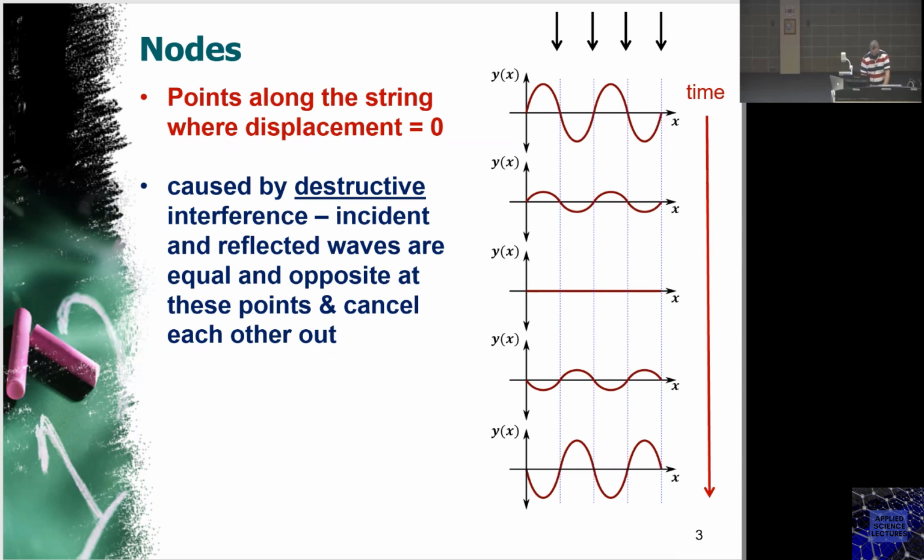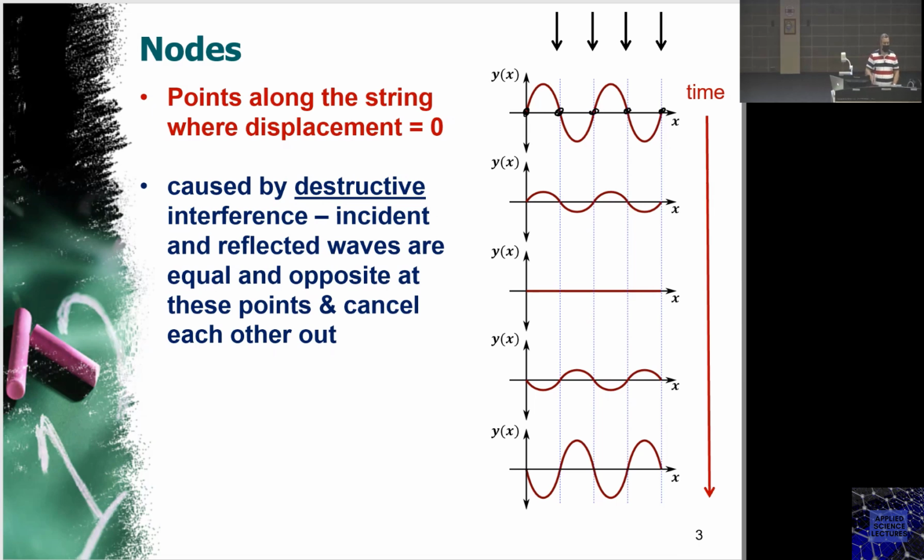So those nodes, as I said, have zero displacement. If I refer to them here, this is at one time moment where we have maximum peaks and minimum peaks here. Those are the nodes.